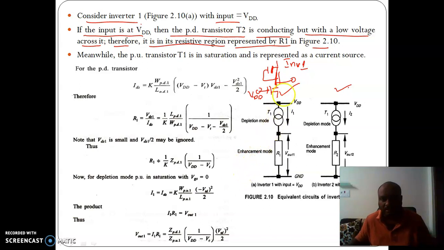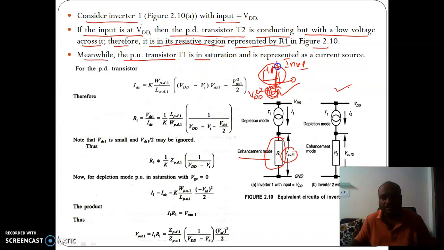The enhancement mode transistor, when you apply VDD, will be conducting, but with a low voltage across it. Low voltage means that it can be represented with a resistance R1, and the voltage across it is V out 1. This is the enhancement mode transistor. Meanwhile, the pull-up transistor T1 is in saturation.